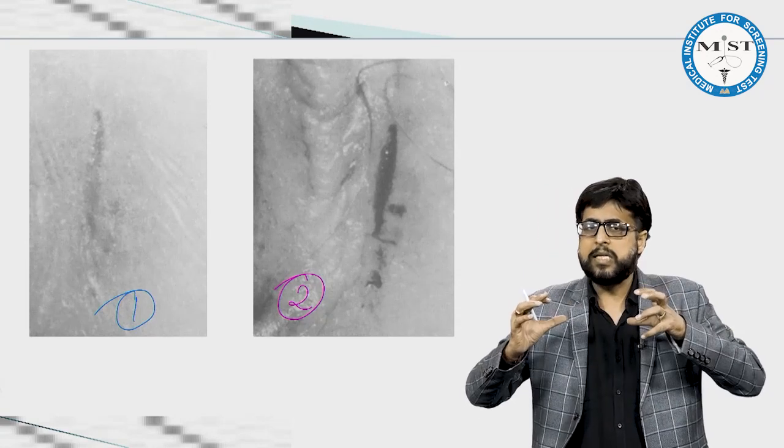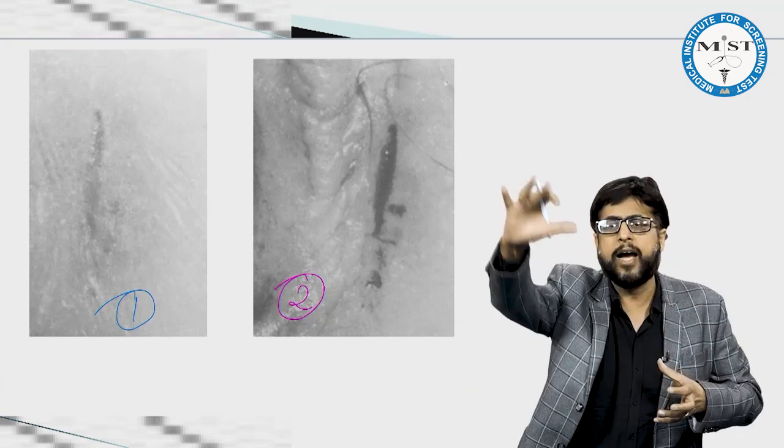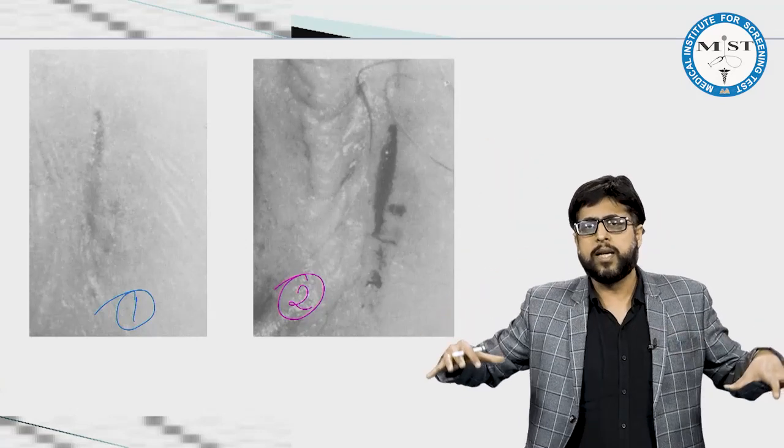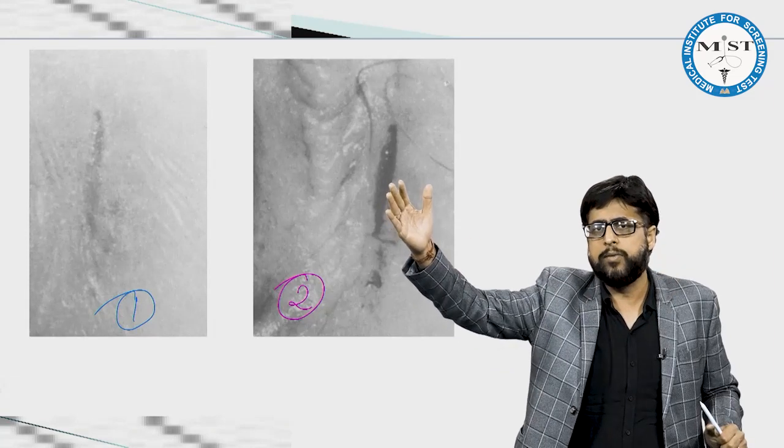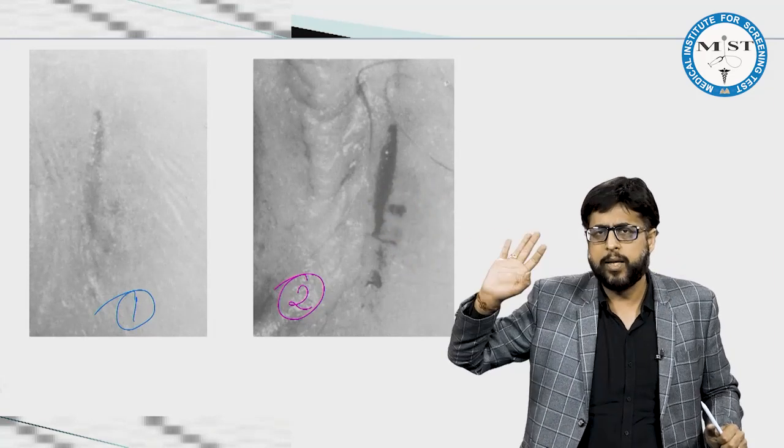So, what he does is, he puts toluidine dye over the skin, over the genital area. Then he washes it away with normal saline or something else.